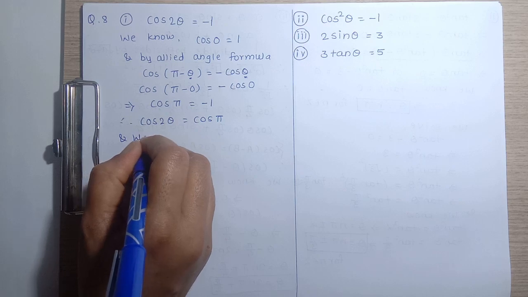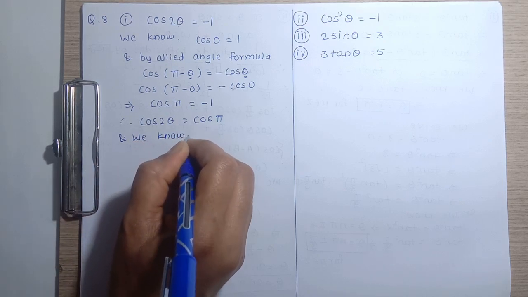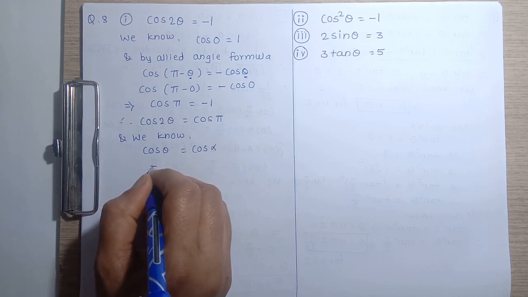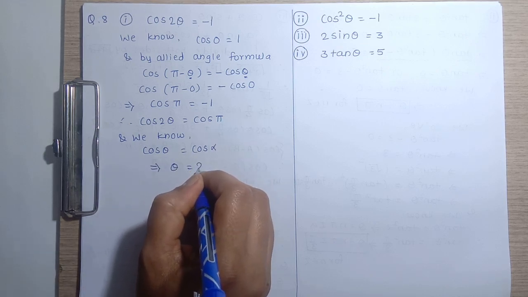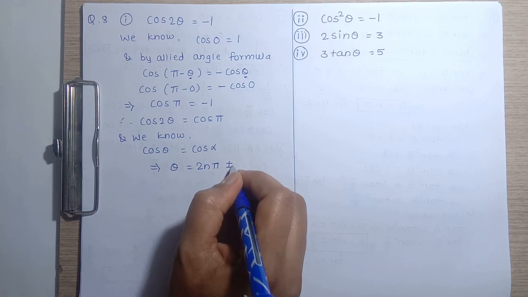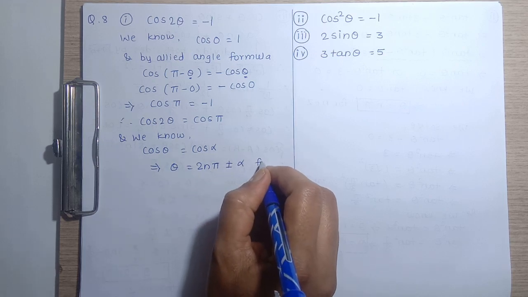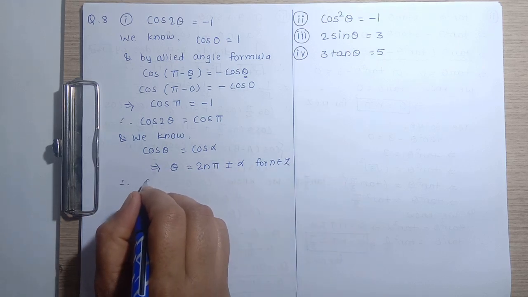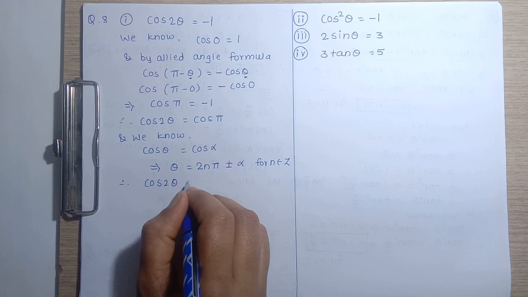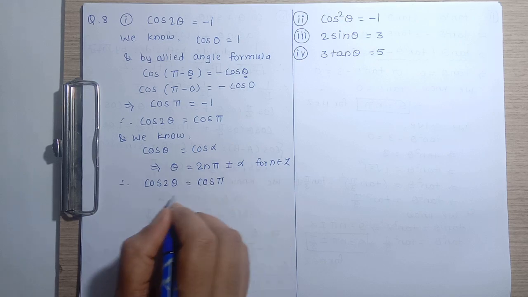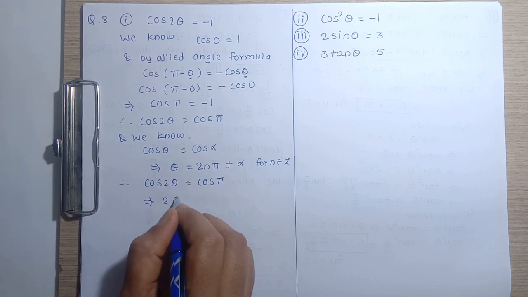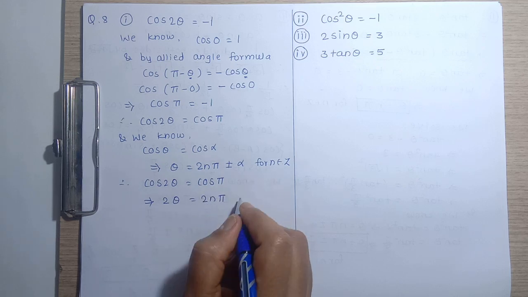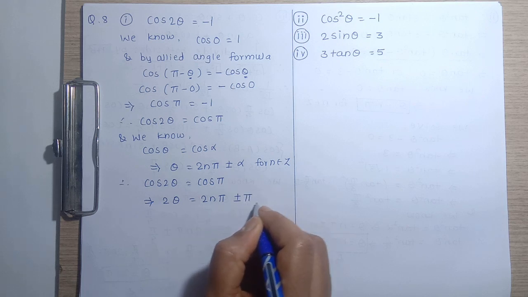And we know the solution, that cos theta is equal to cos alpha gives the solution theta is equal to 2n pi plus or minus alpha for n belongs to z. Therefore that cos of 2 theta is equal to cos pi gives the solution 2 theta is equal to 2n pi plus or minus pi.